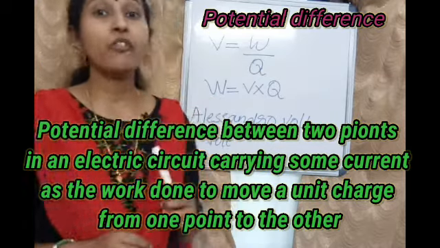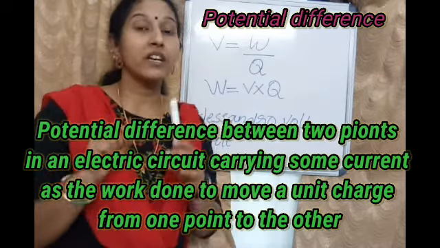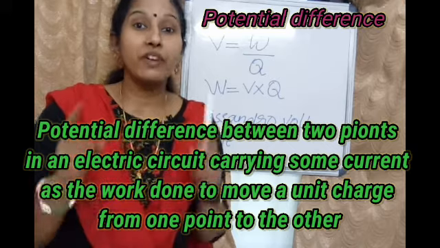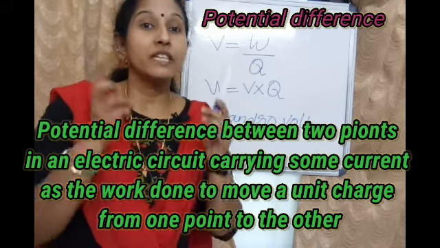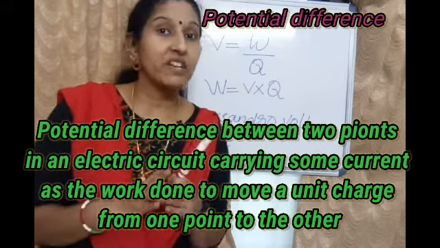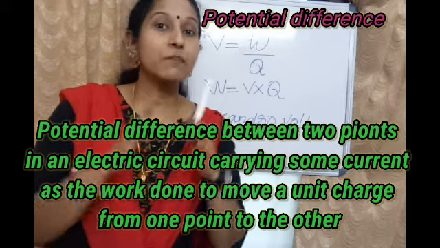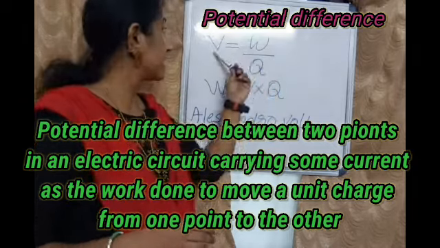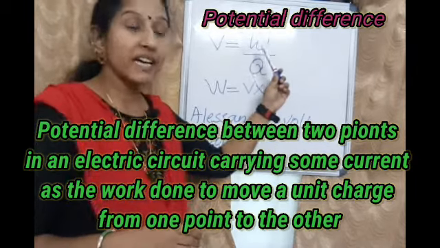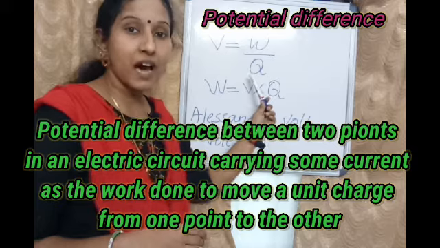And how do we represent this with the help of an equation? The symbol we use for potential difference is V. V is the symbol for potential difference, W is the work done and Q is the charge.